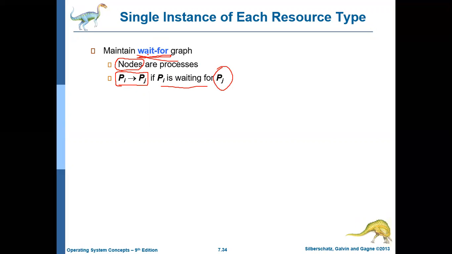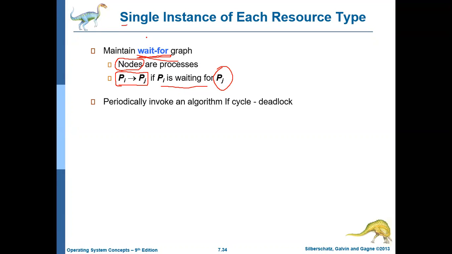This wait-for graph will be used only when there is a single instance of each type of resource.